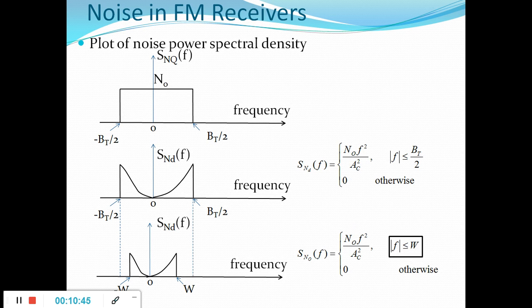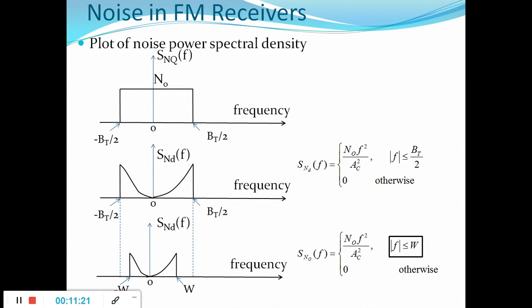Now, the PSD of nq of t we know from the earlier presentations, given by the spectrum shown here. The PSD of nd of t is f square by AC square into S_nq of f. So, this S_nq of f spectrum, if we multiply by f square by AC square, we get the spectrum given here.